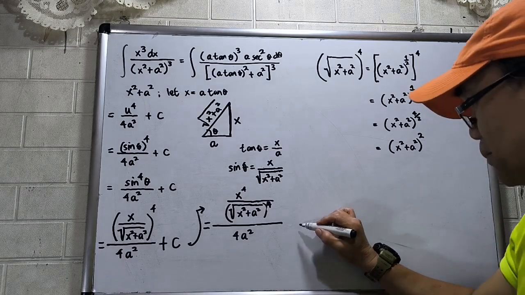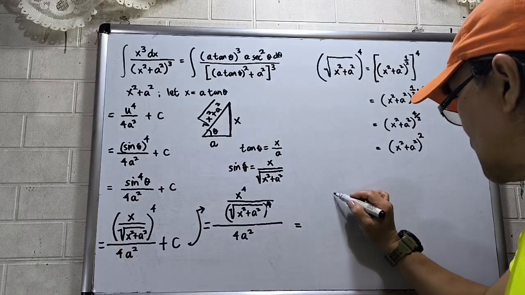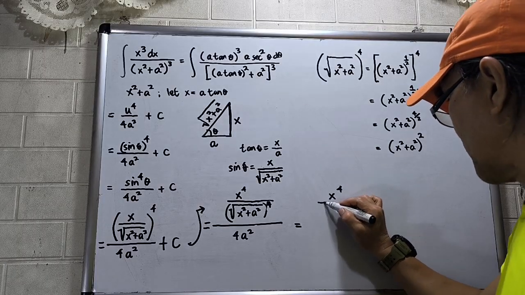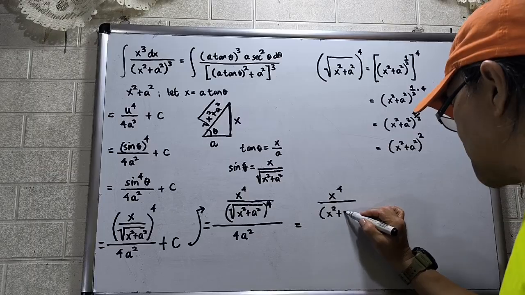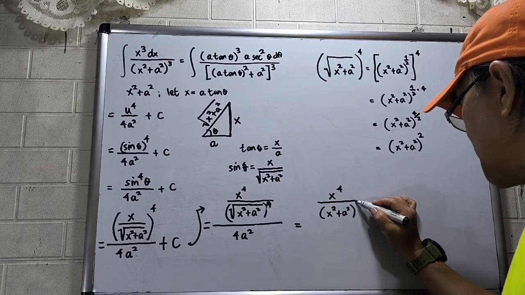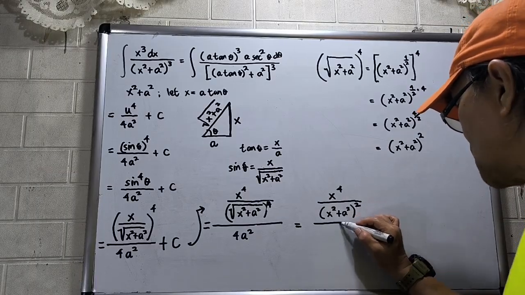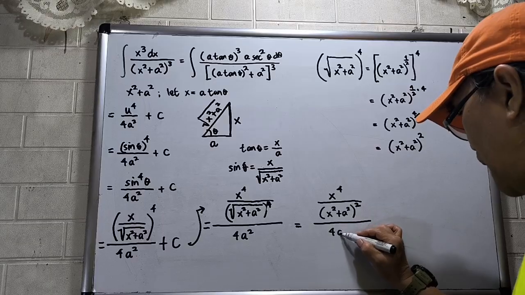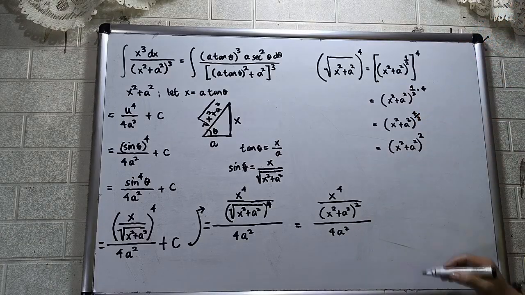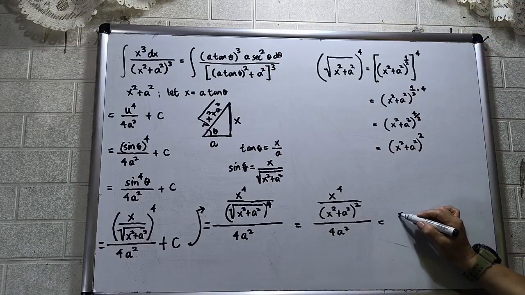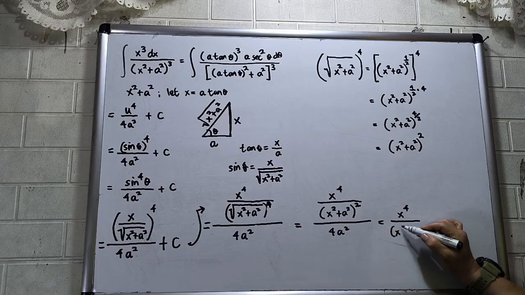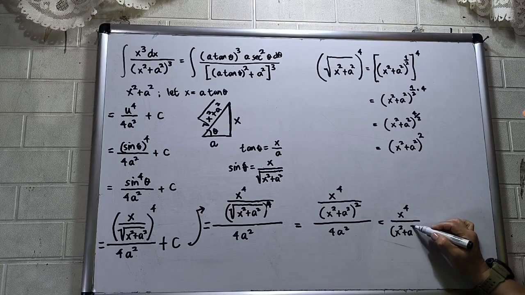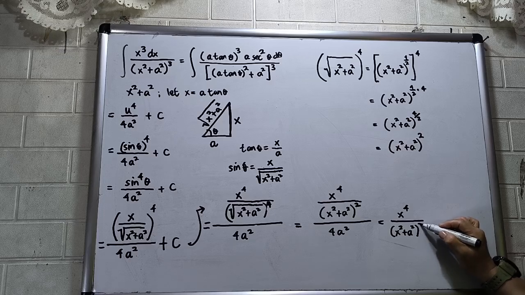So this will be equal to x to the fourth over x squared plus a squared raised to the power of 2, then over 4a squared.